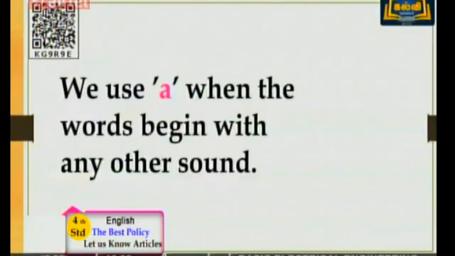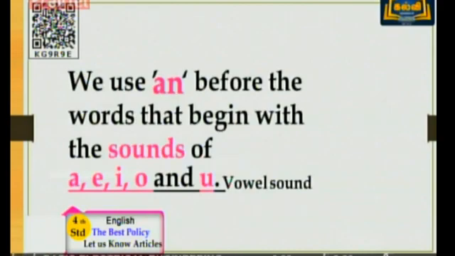So dear children, I think you all might have understood the usage of the articles a, an and the. So where should we use the article a? The article a is used before other sounds like b, g, like that. But an is used before the words that start with the sounds of a, e, i, o and u.